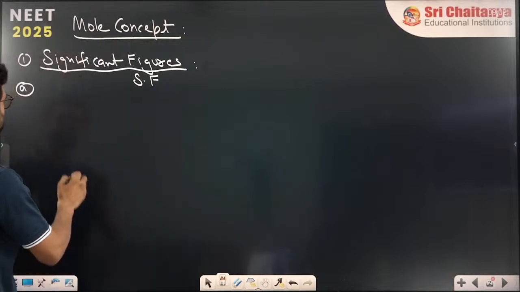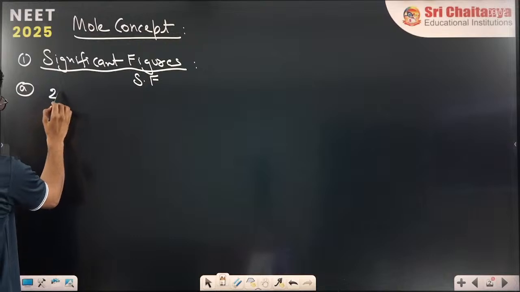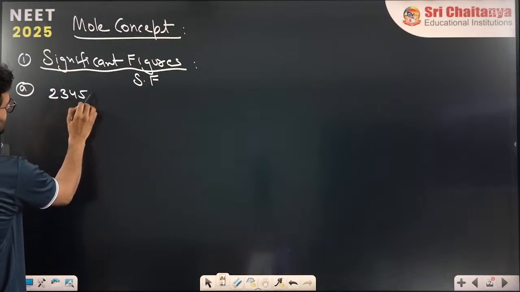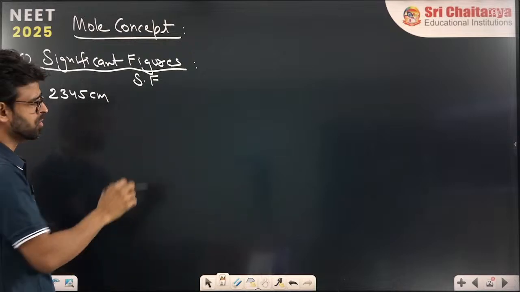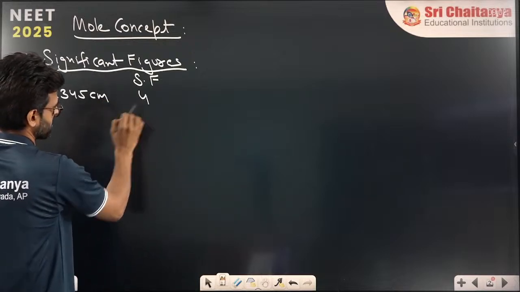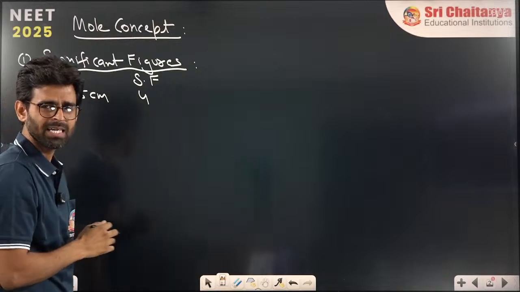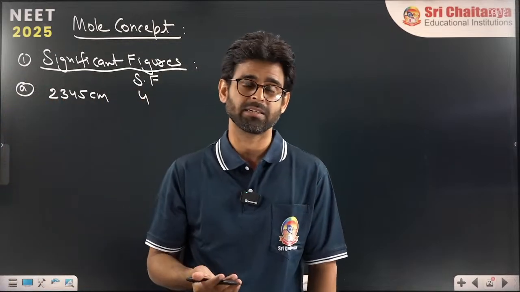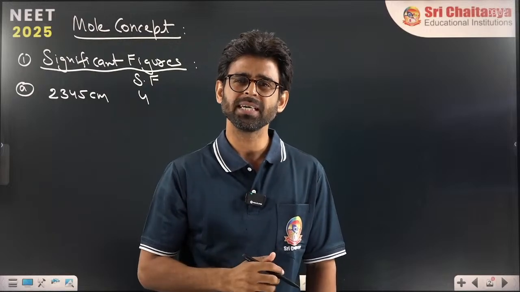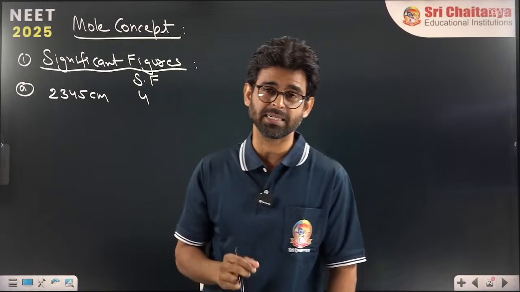The first one is 2345 centimeter. How many SF do we have? 4. So what is SF basically? Significant figures are the meaningful digits which we know with certainty plus one uncertain digit.